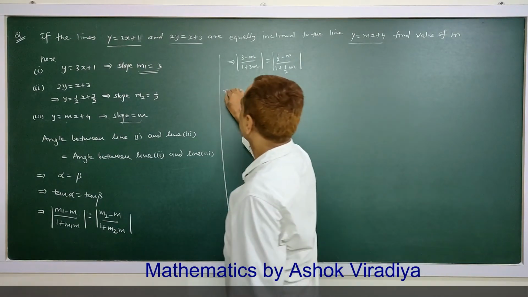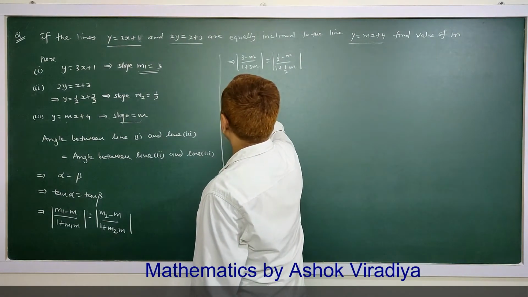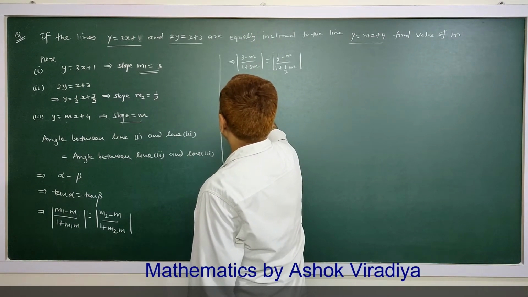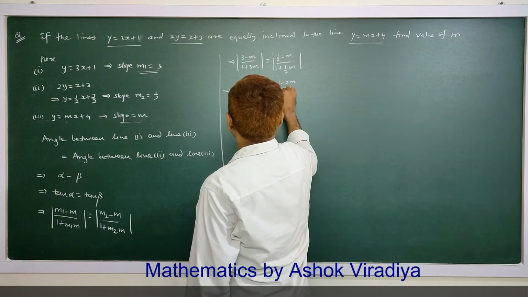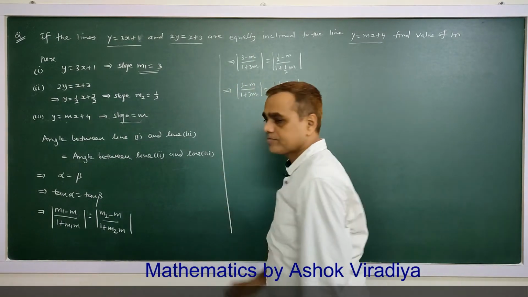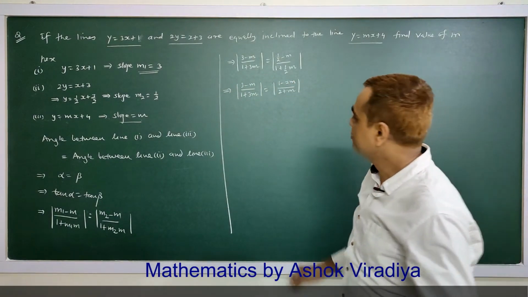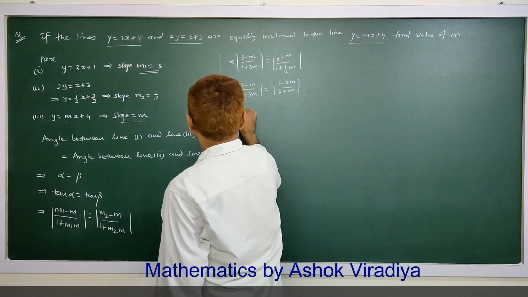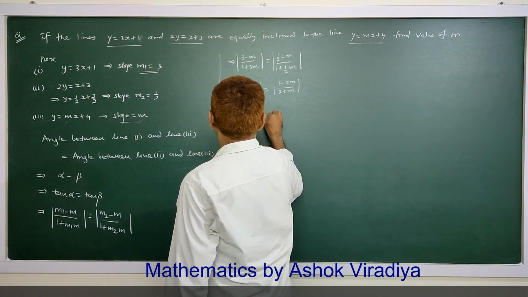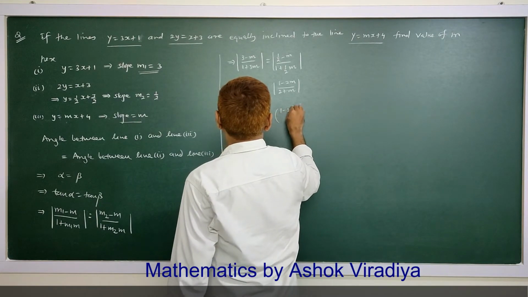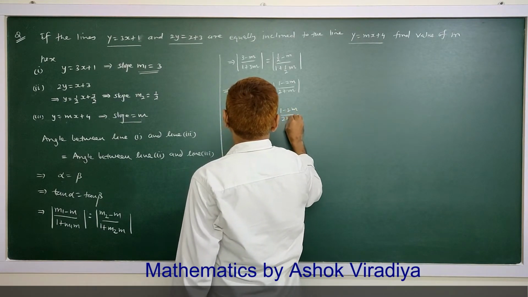That is modulus 3 minus m upon 1 plus 3m is 1 minus 2m upon 2 plus m. Now removing modulus, 3 minus m upon 1 plus 3m is equal to plus minus 1 minus 2m upon 2 plus m.